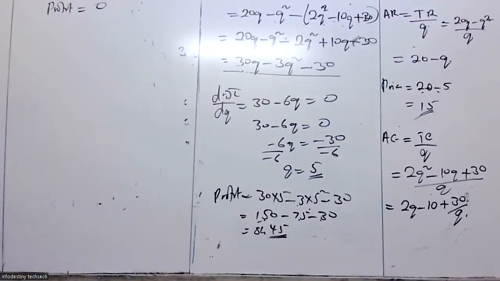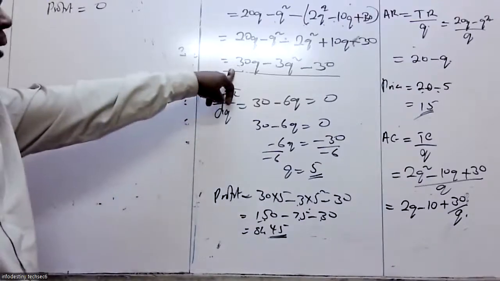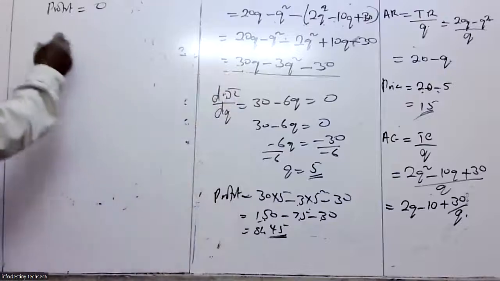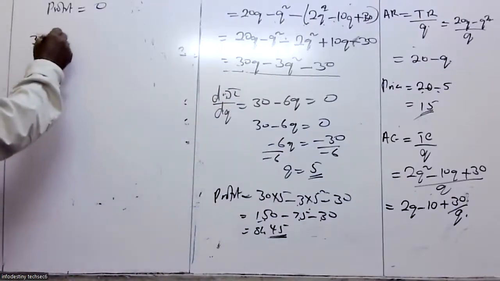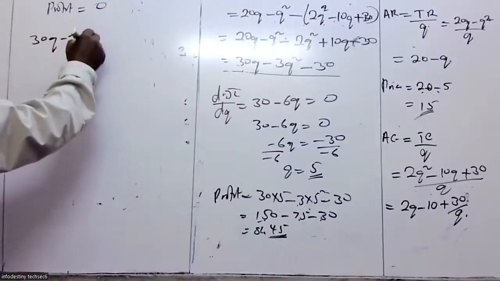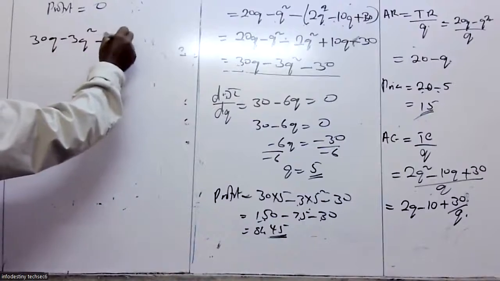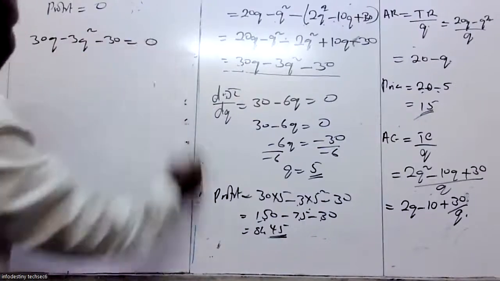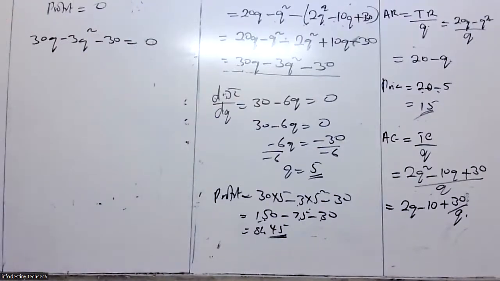Therefore, where's our profit? The profit is this one. So we say that 30q minus 3q squared minus 30 will give us zero. That's at the break-even point. So what do we do?